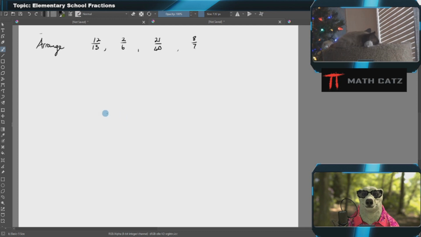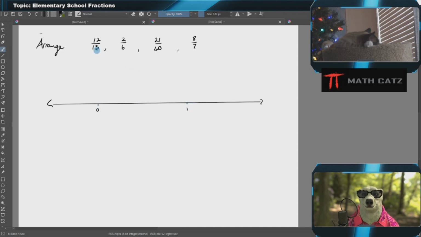So if I make a little number line here to just give myself some structure, the number line goes on forever here, I can use some easy reference points. There's no negative numbers here, so let's put the 0 over there, and maybe 1 over there.